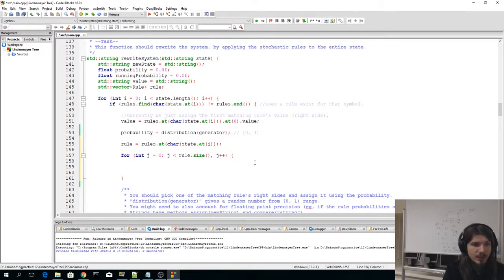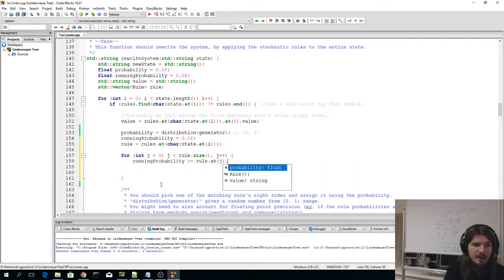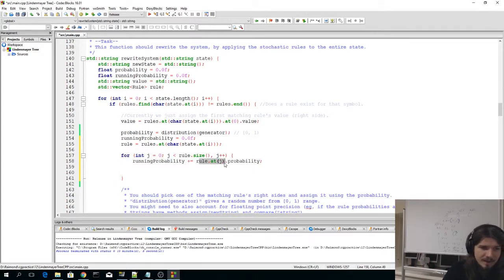Okay, another thing we need to do is have this running probability, and we need to make it 0, because otherwise it might be something else from the previous iteration, and then we get the wrong result. And now we're going to add to the running probability the rule at the J value and probability. So this is the current rule we're looking at. So is it A, B, or C? And we add the probability of that rule to the running probability.